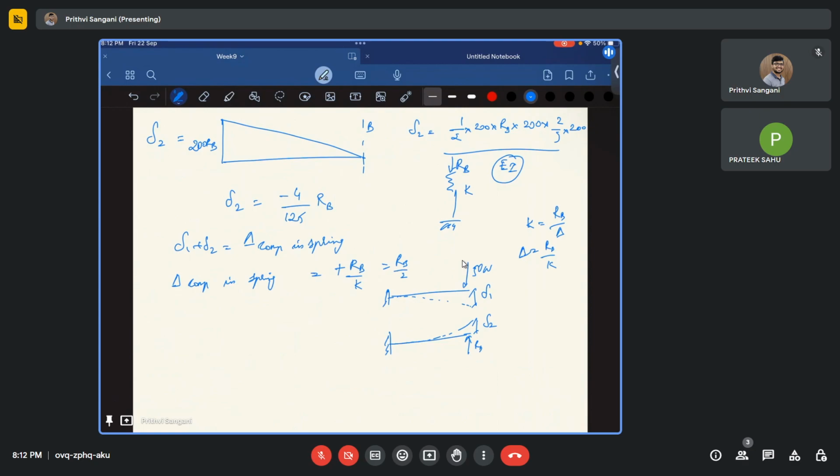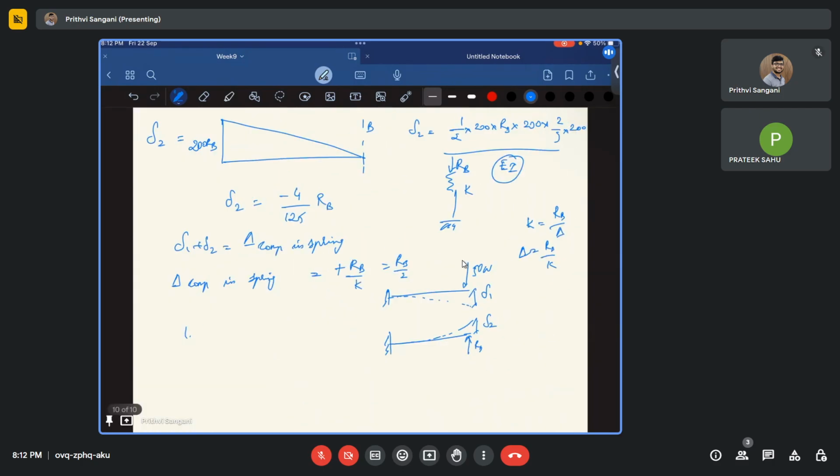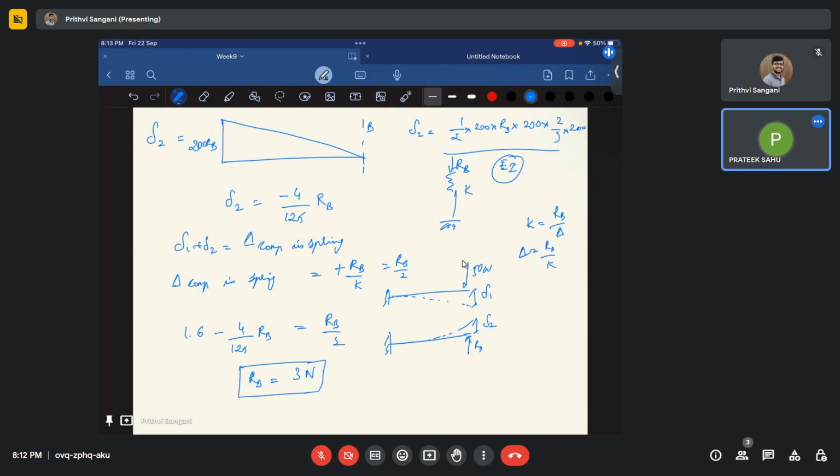So now how can I write it? Delta 1 is how much? 1.6. 1.6 minus 4 by 125 RB is nothing but RB by 2. Okay. So you have only one equation and one unknown. From this you can directly find out RB. RB is going to be 3 newtons. Okay.